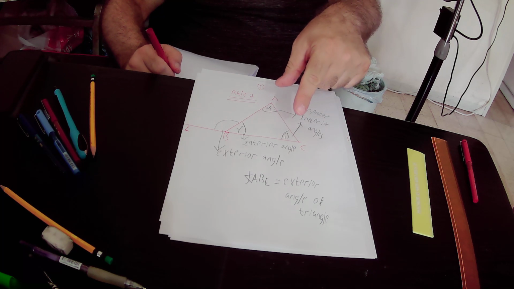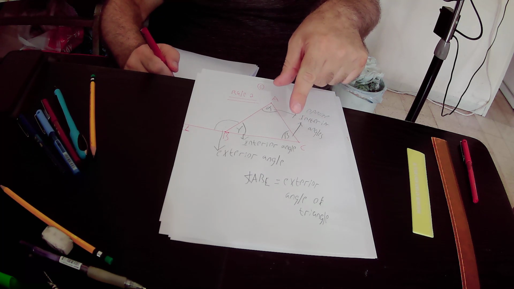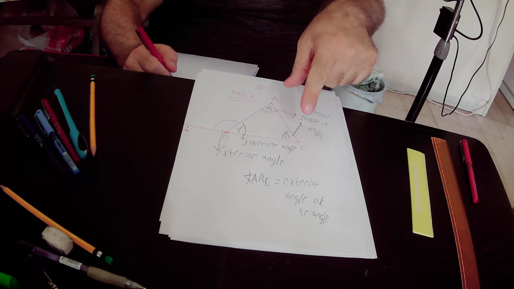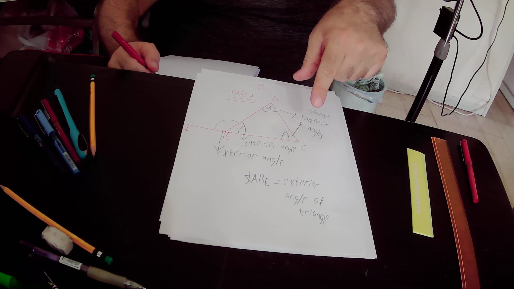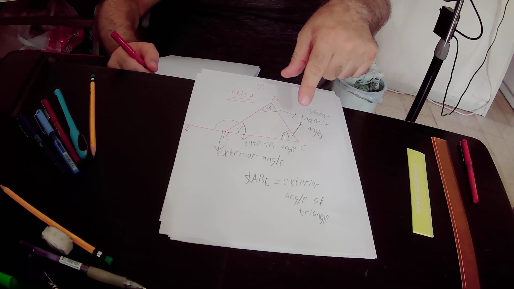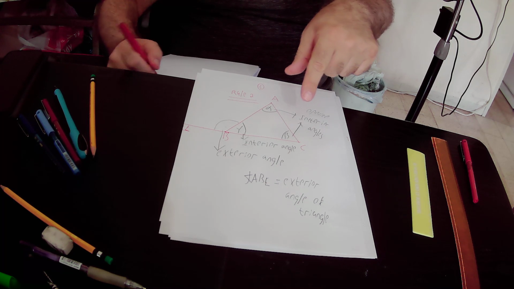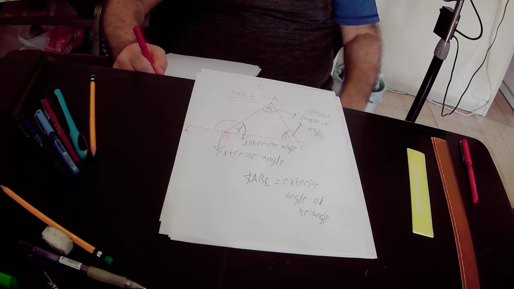Those angles are opposite interior angles, so the exterior angle ABL equals the sum of the two opposite interior angles, that is alpha plus beta.